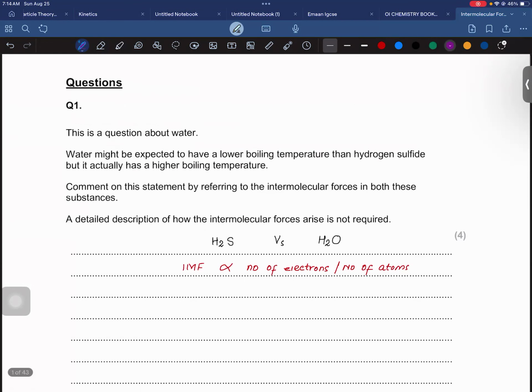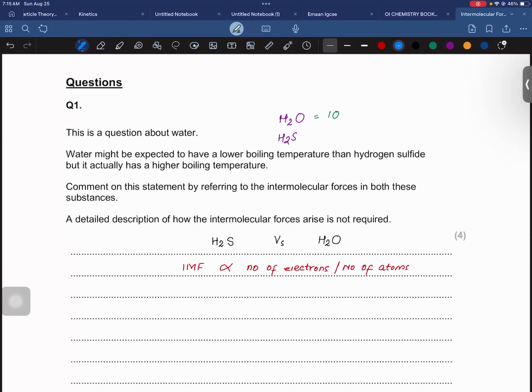If I ask how many electrons there are in water and how many in hydrogen sulfide, in water I would say 18 electrons. No, sorry, 10 electrons, because the proton number for oxygen is 8, and the proton number for hydrogen is 1.